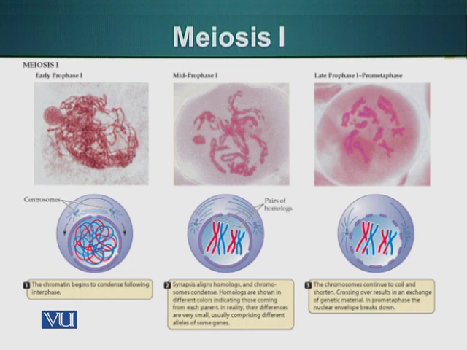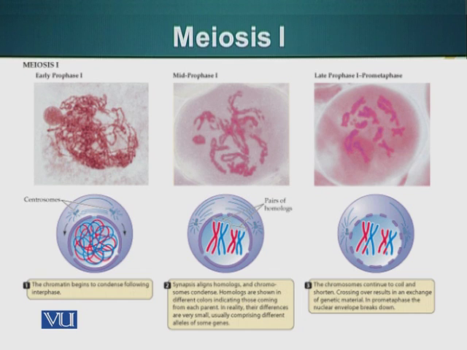In early prophase 1 we cannot see the chromosomes as discrete structures, but in mid prophase, the next stage, we are able to see them as discrete structures. Even at this stage, the nuclear membrane is still intact. The centrosomes are continuing their migration towards the opposite ends of the cell.